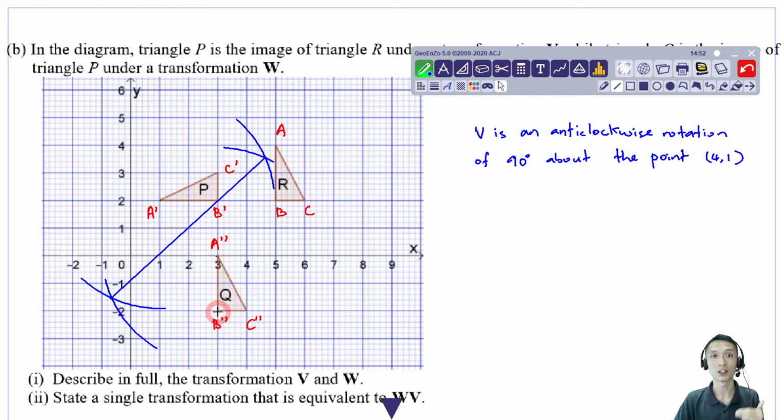Break it into half will be 2. So we need to draw a line over here. You will see the intersection point between these two perpendicular bisectors is over here. So this is the center of rotation of transformation W.